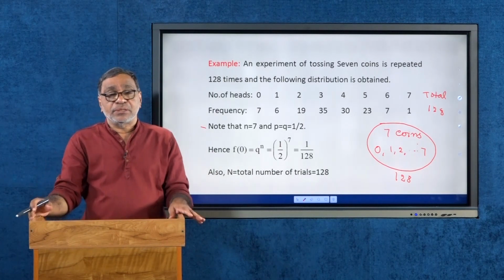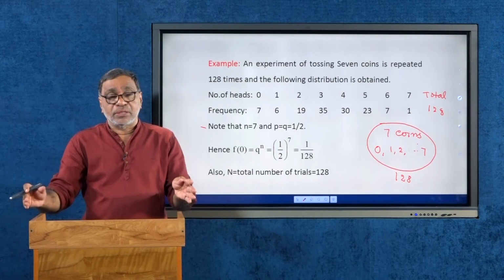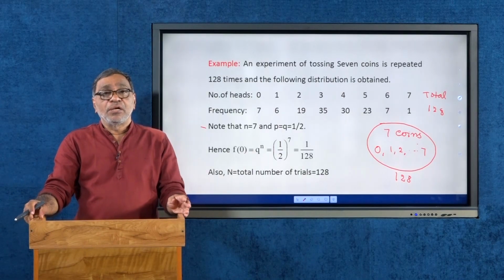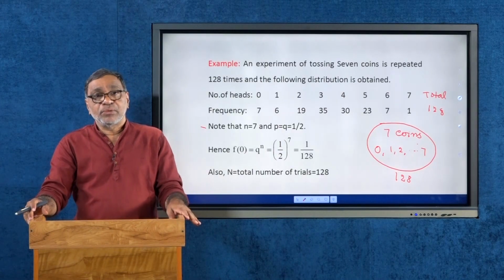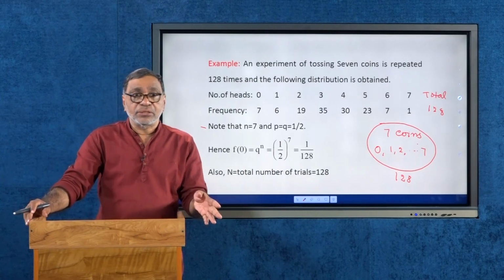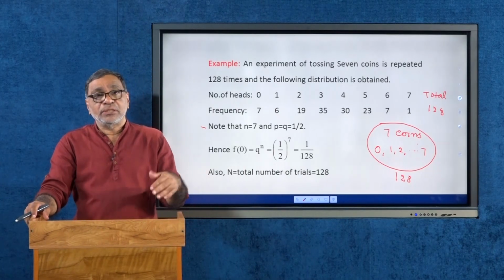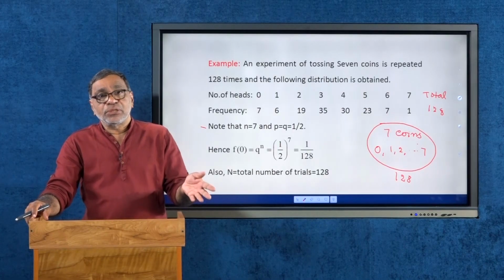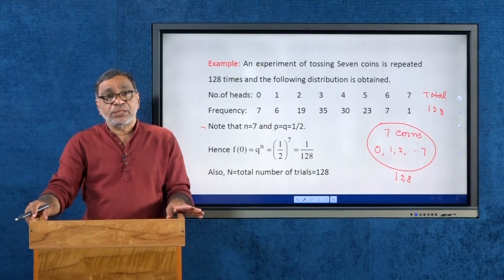If this is an experiment satisfying binomial distribution properties, because there are 2 possibilities, success and failure, the coin is tossed and gives either head or tail, and the probability of getting success, that is, the probability of getting head, is 1 by 2.